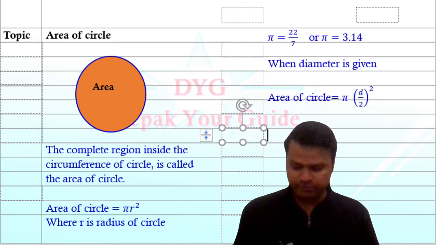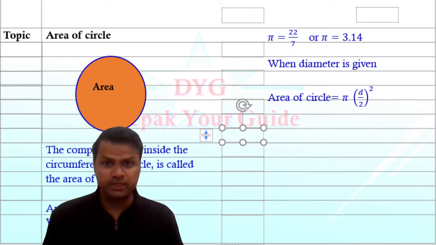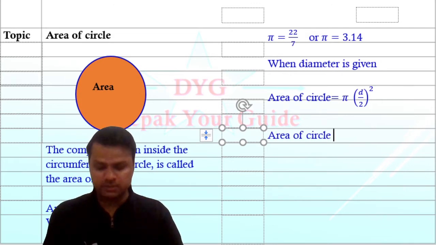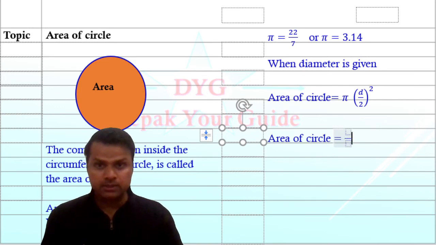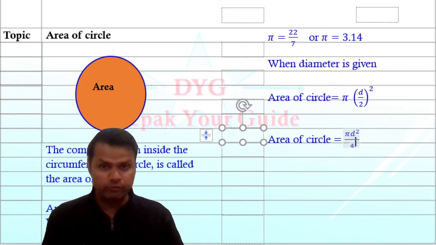So if we want to understand this formula, we can write it again that area of circle is equal to, now opening the bracket, pi d square upon 4.